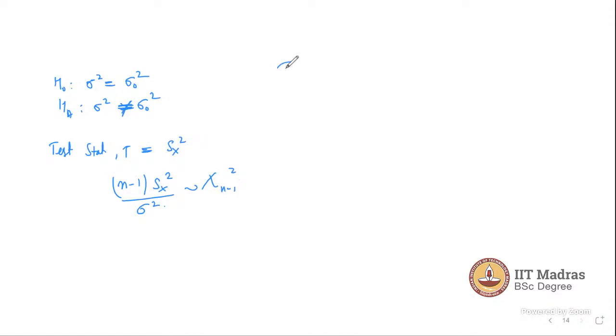So the test we can take is reject H naught if s square is greater than some 1 plus CR or 1 minus CL, again in this case also.